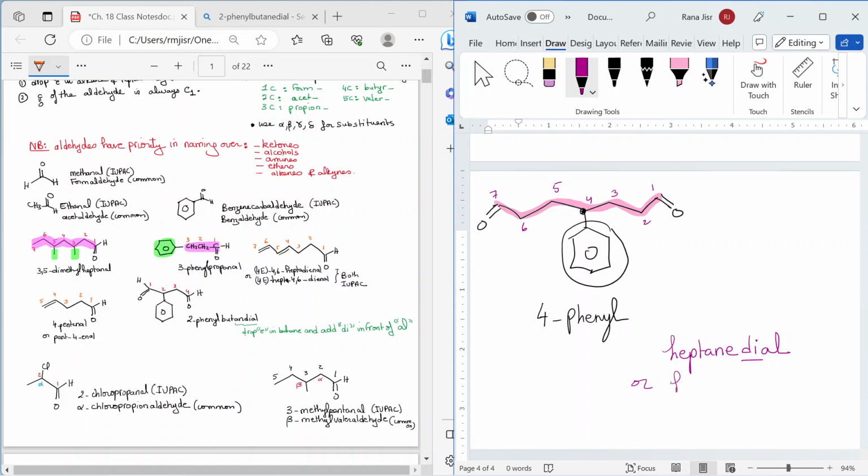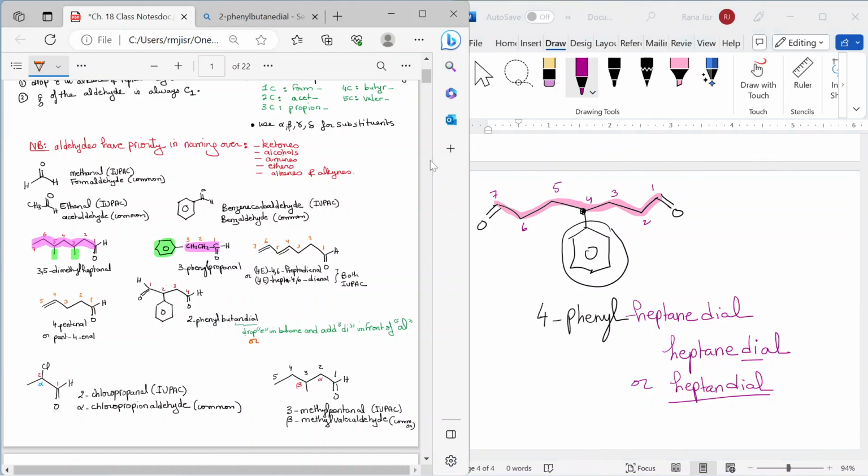So if you drop the e, then the name is going to be heptanedial. Whatever route you choose, it is right. So at the end, the name is going to be 4-phenylheptanedial. I'm keeping the e in here in the notes. I'm dropping the e, but you can keep the e as well.